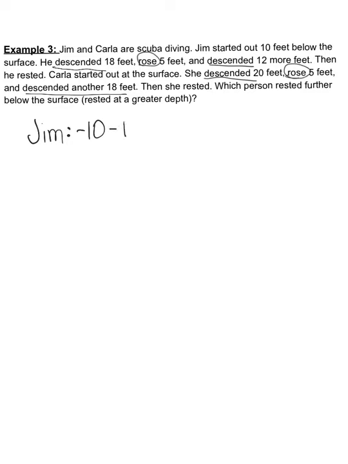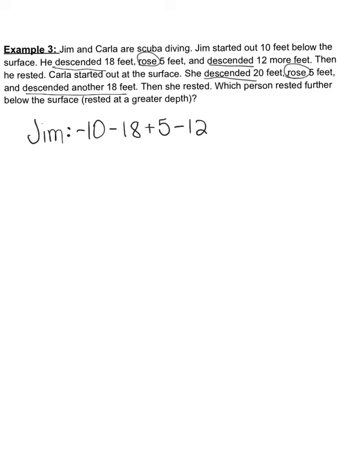So I'm going to write minus 18 because he's going down. He rose 5 feet, so plus 5, and descended 12 more feet, which is minus 12. So now with Jim, I've got negative 10 minus 18 plus 5 minus 12.